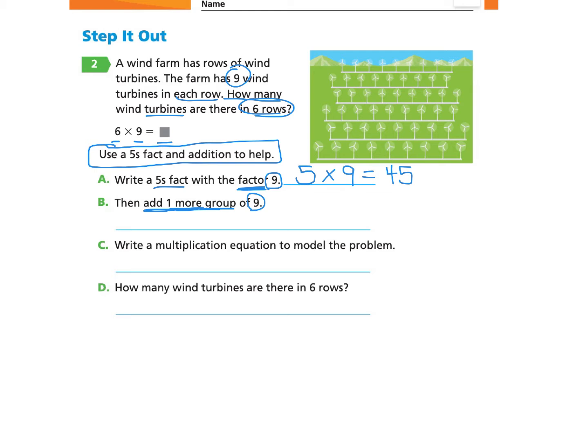So when we have one group of 9, we have a multiplication equation that says 1 9 times, one row of 9. And 1 times 9 is 9. And so now we have two products. We have 45 and we have the product 9 here.